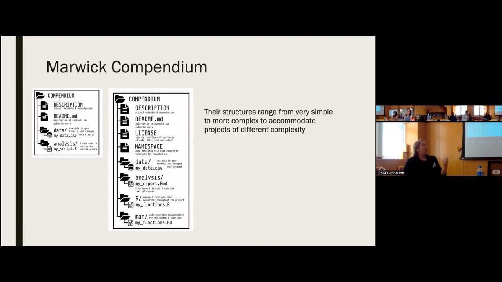As you go to the more complex ones, it's got some other ones that it's adding in. So this is a scenario where you might be starting to have functions that you're using a lot and you want to have them in a separate file rather than with your R Markdown document or something like that. So it's got a section where you can put your R functions, and then that man section, and this is straight from R packages, but the man section is where you can document those to explain how they're working.